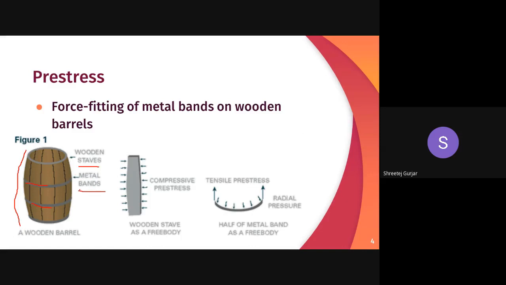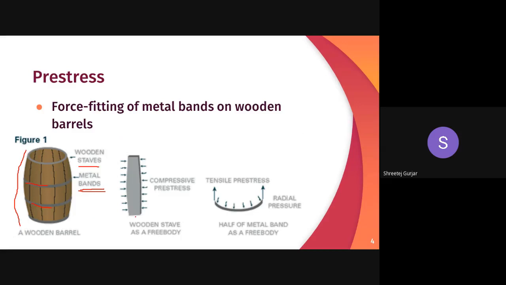These metal bands act like rubber bands which hold the wooden staves together. When you put on a rubber band, it compresses and applies a hoop compression force, the same action done by the metal bands here.